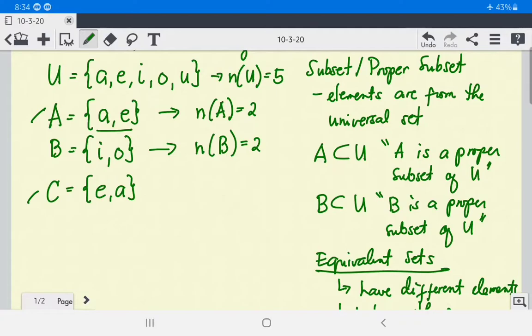We have A and then E, we have E and then A. So we can say that they are what we call equal sets.